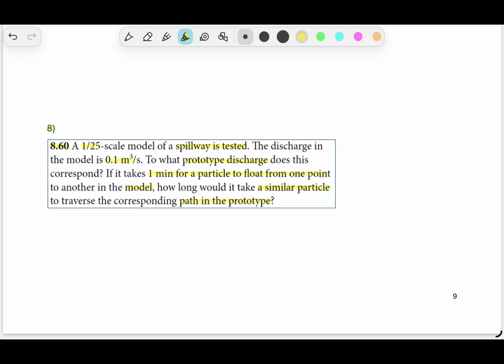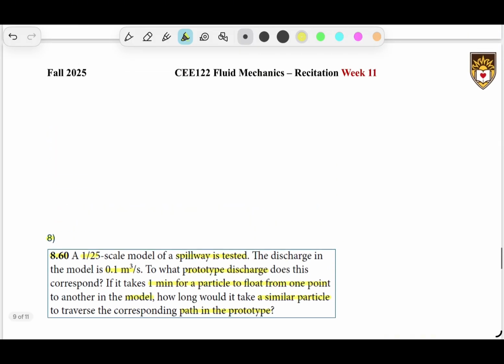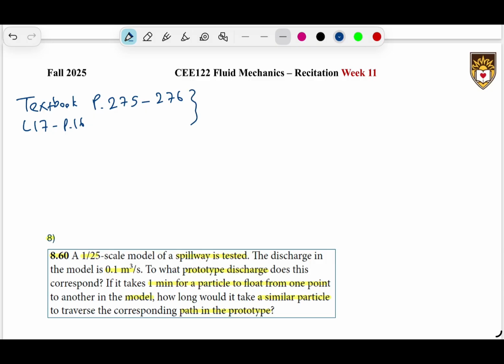If you look at your lecture notes and also the textbook, pages 275 and 276, and also lecture 17, page 16, you will see that if we are designing a spillway, then the model must equal the Froude number of the prototype. So this means the Froude number of the model will be equal to the Froude number of the prototype.